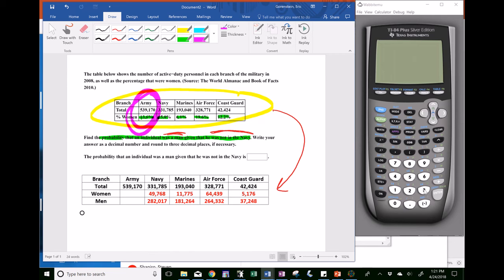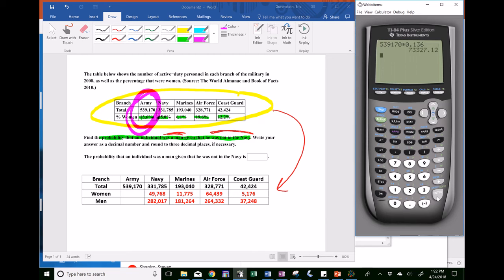So let's take that over here on the right on the calculator. 539,170. And what is 13.6% of that? That's the percentage of women. So let's multiply that by 13.6%, or by 0.136. That's our 13.6% converted to a decimal.